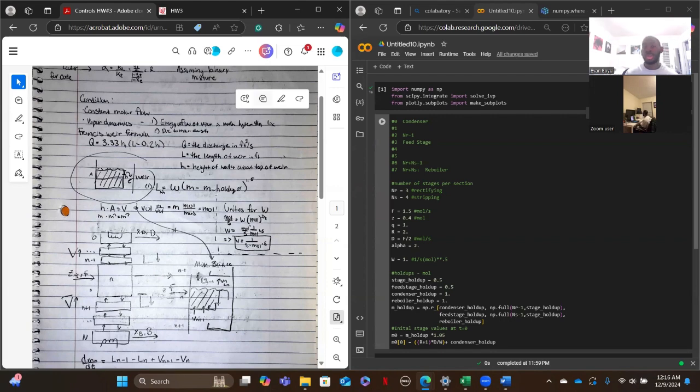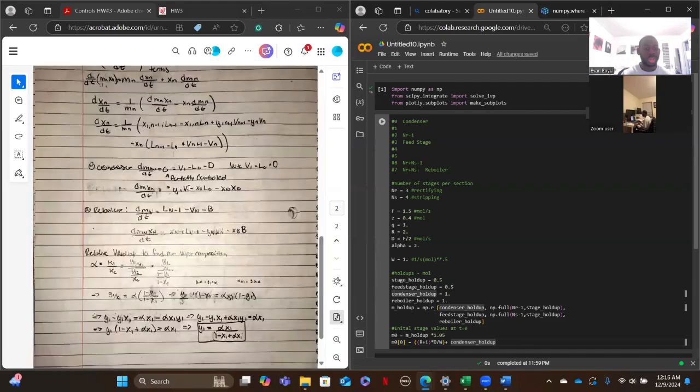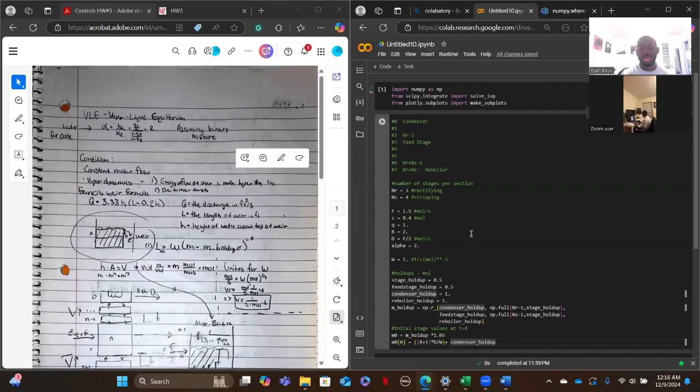So we do some algebra, get the mole flow rate by itself, and then we are able to get this equation right here. Okay. I know if I wrote it down it may make a lot more sense. Sorry, I forgot to put it in my initial pages, so I couldn't add it right now.